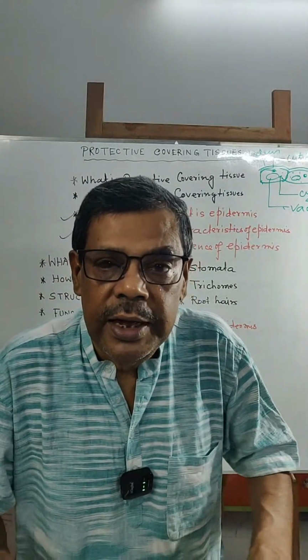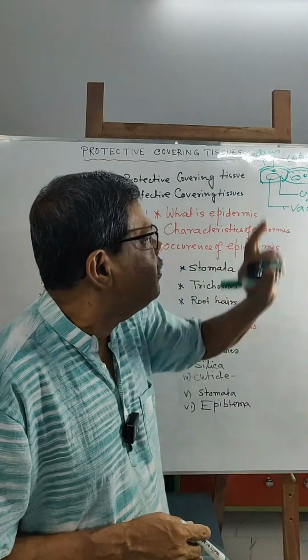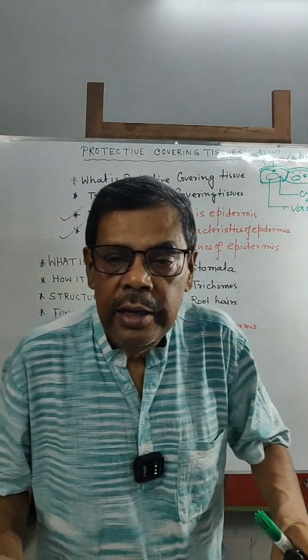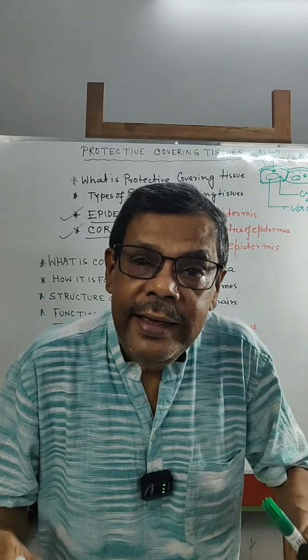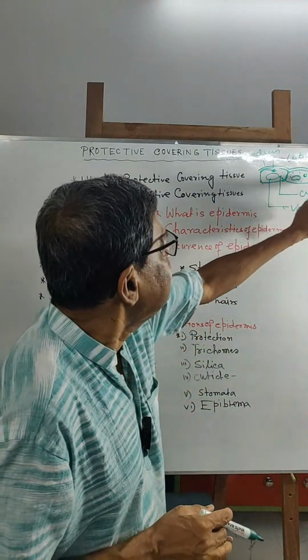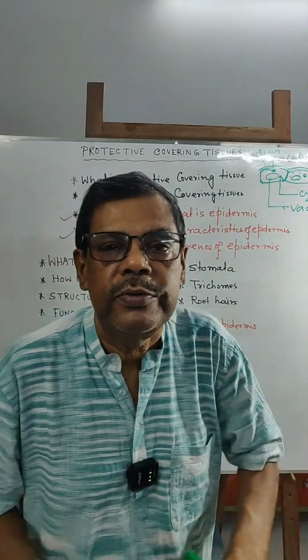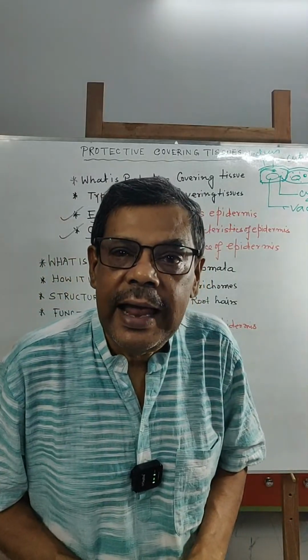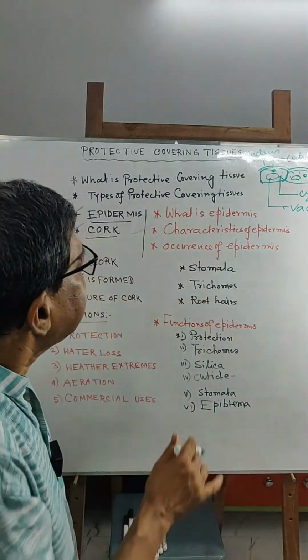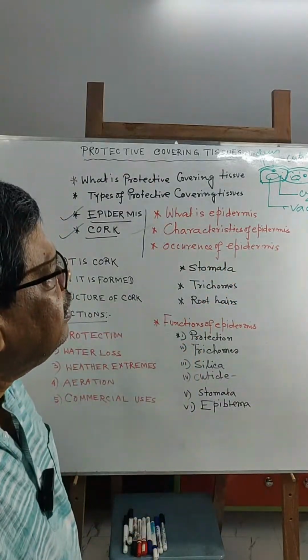Within the cytoplasm, there is a cell nucleus. There are no intercellular spaces between the cells; they are tightly arranged. These are the characteristics of epidermal cells.